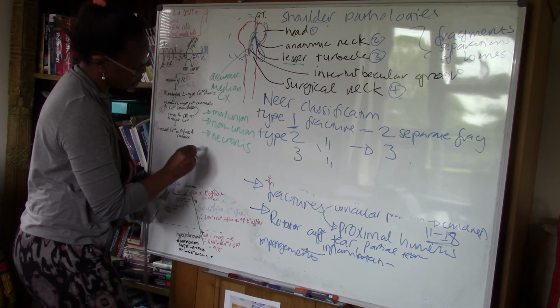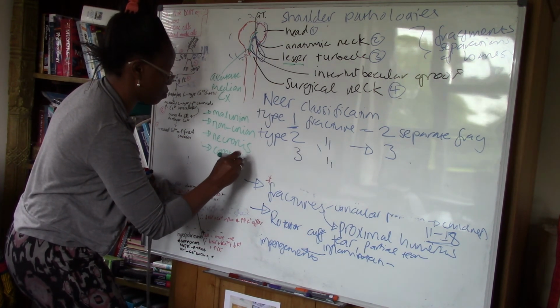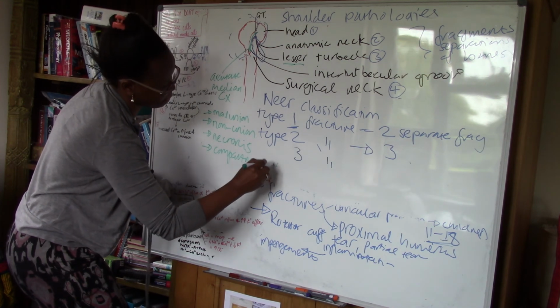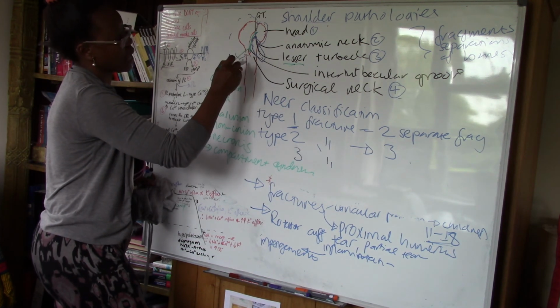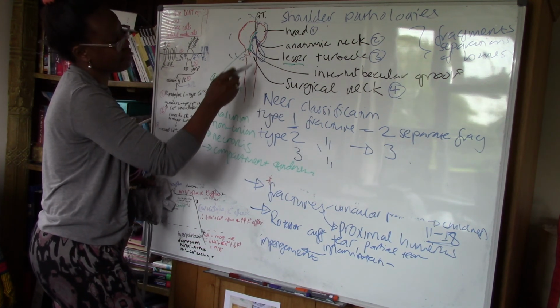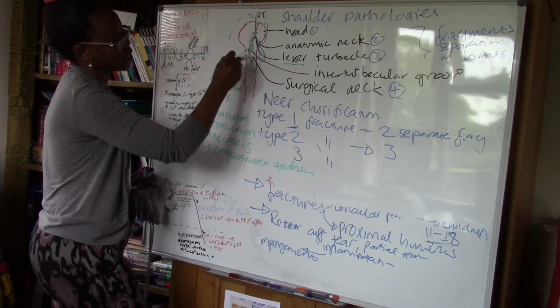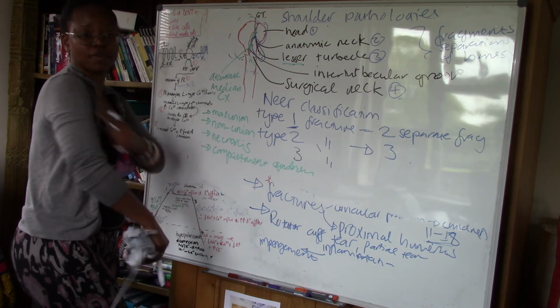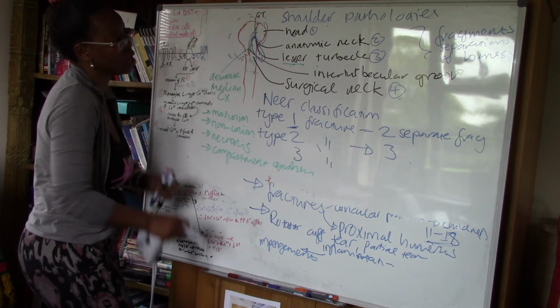Other complications can be compartment syndrome, especially for a fracture that is at the proximal aspect, say, of the shaft, where if you were to look at the humerus, it doesn't really have much room to allow for any inflammation.